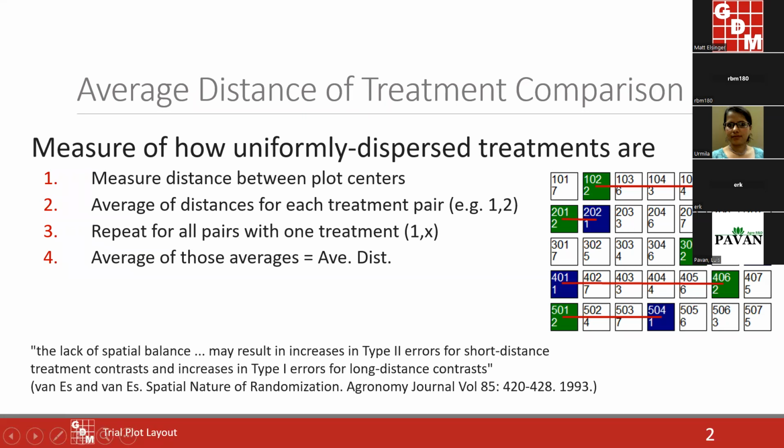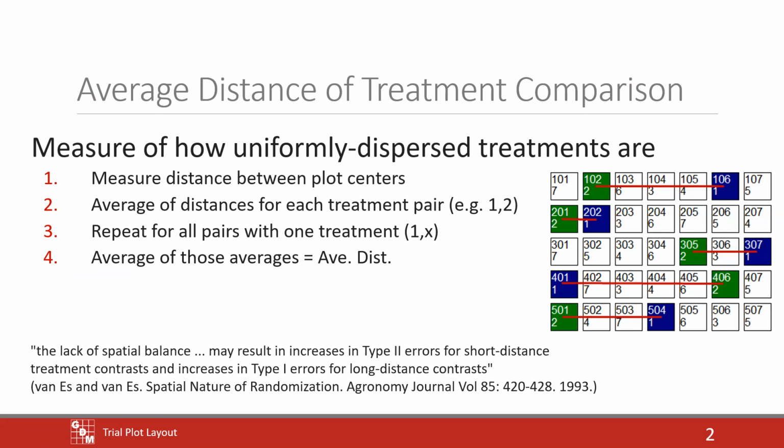So then we have a number for how, on average, how far is 1 from 3, and 1 from 4, et cetera. So then you've got 6 averages of how far 1 is to the rest of the other 2 through 7 in this case. We take the average of those 6 values, we get this average distance of treatment comparison.